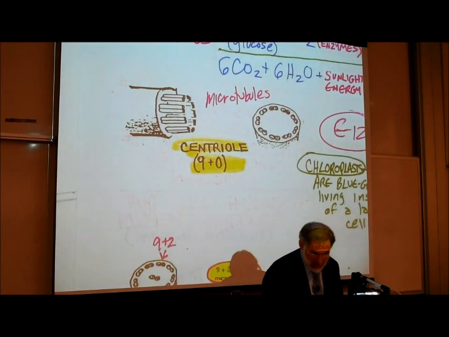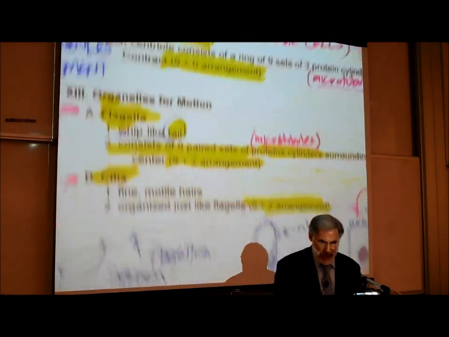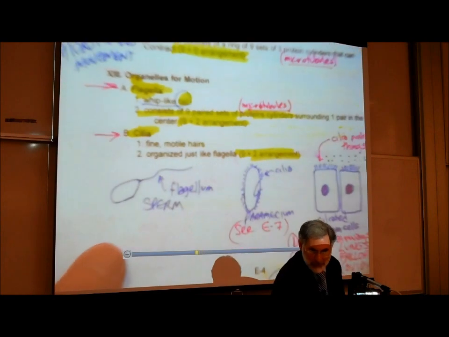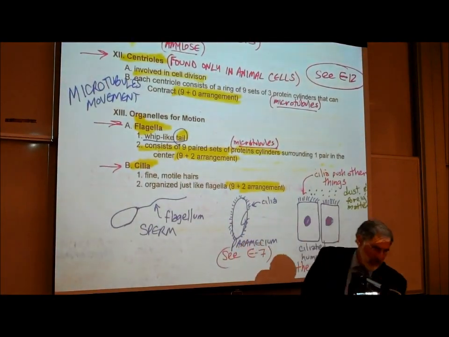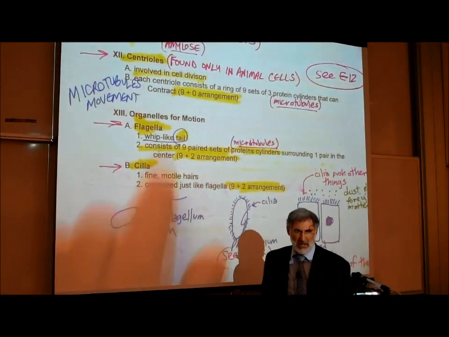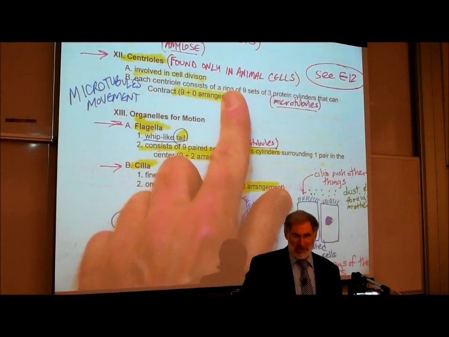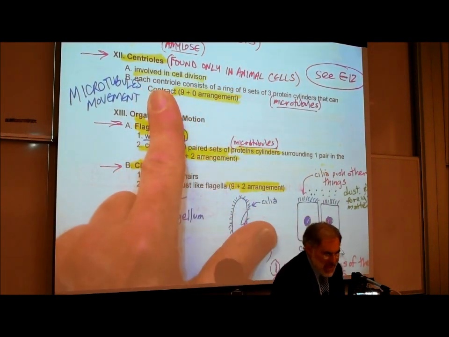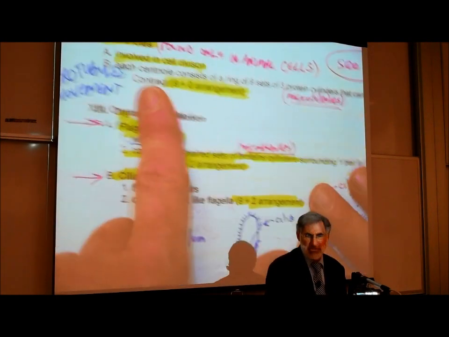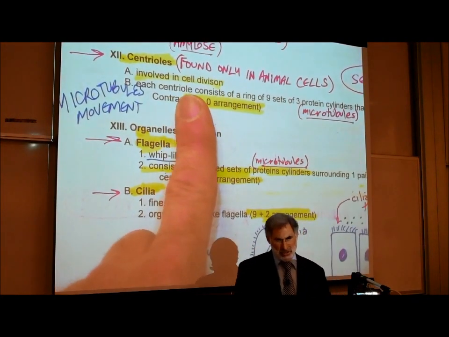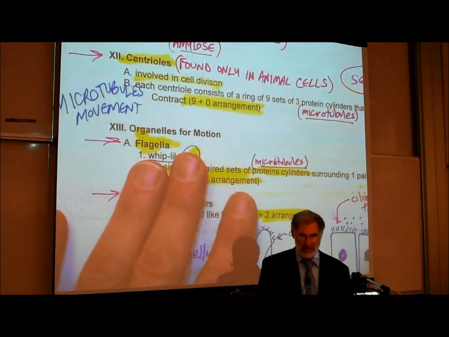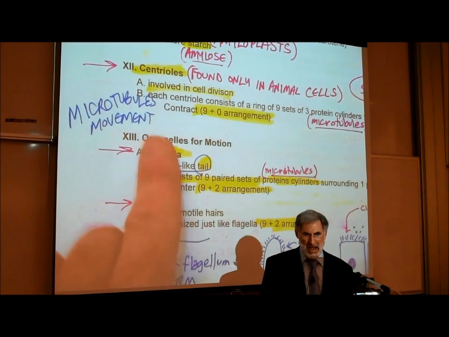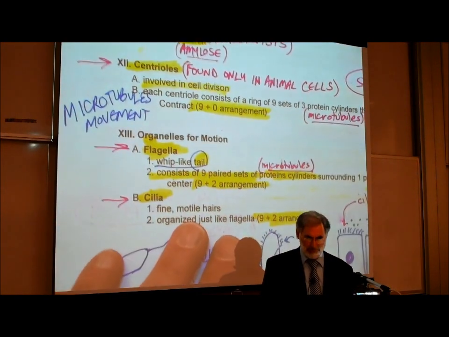So let's go back to E4. Back on page E4, what's the point we're trying to make? Centrioles, which are found only in animal cells, create movement. They are involved in movement during cell division, at least in animal cells. It's these microtubules that create movement.